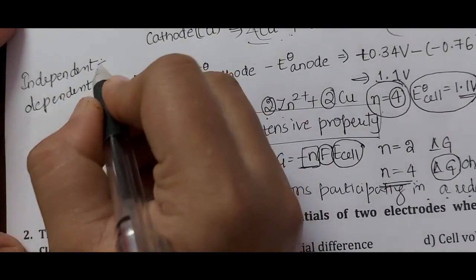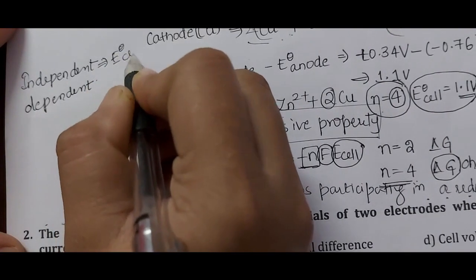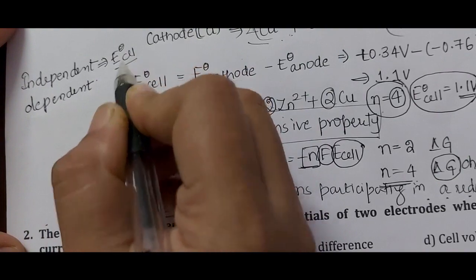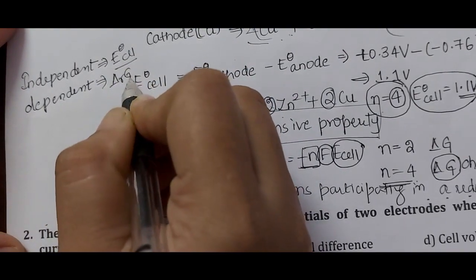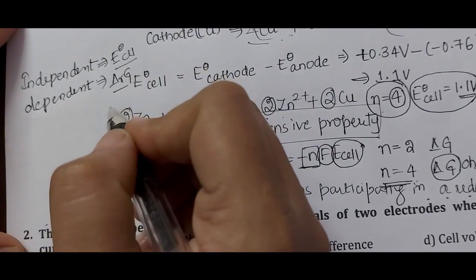And we come to the conclusion that E naught cell is not dependent, so it is an intensive property, and delta RG is dependent on electrons, so it is an extensive property.